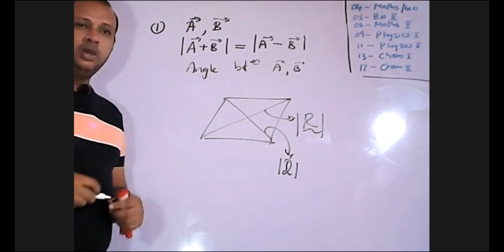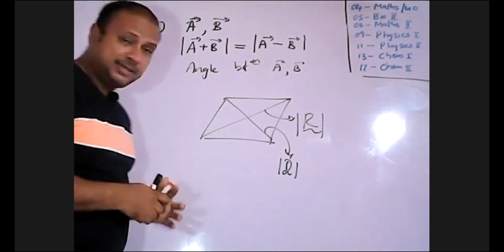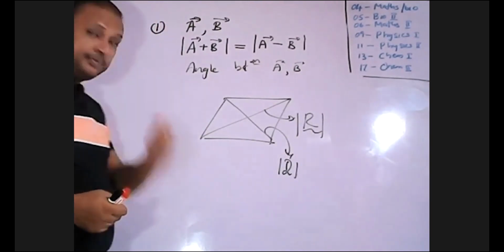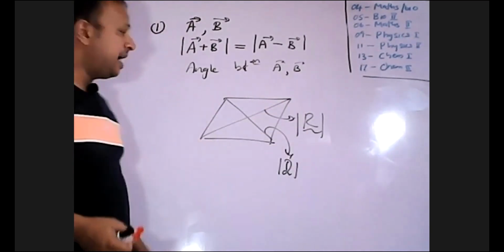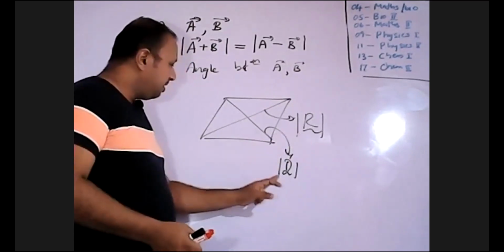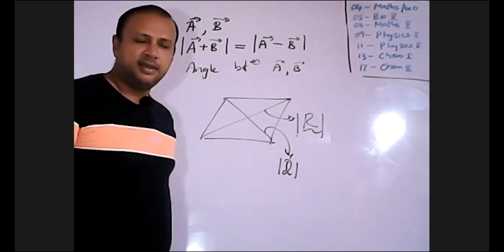Those are the two diagonals that can be used to represent R and D. R means A plus B, D means A minus B.